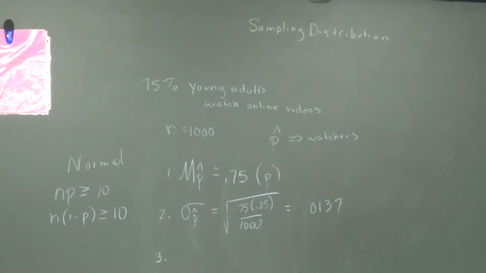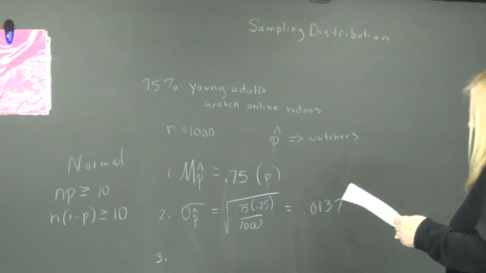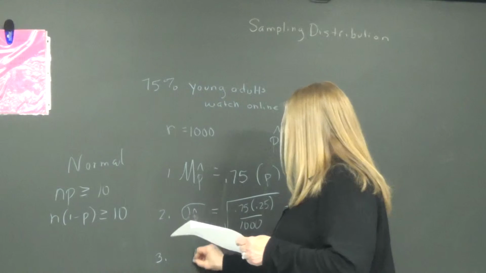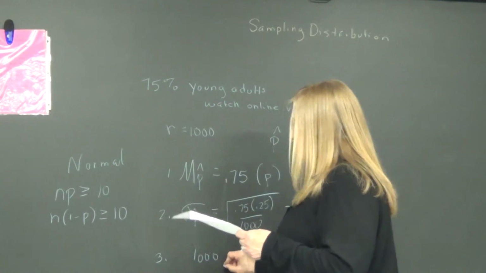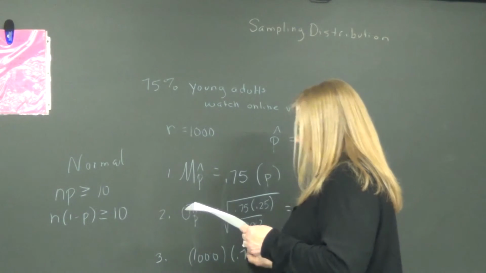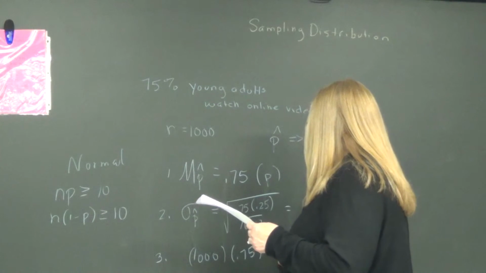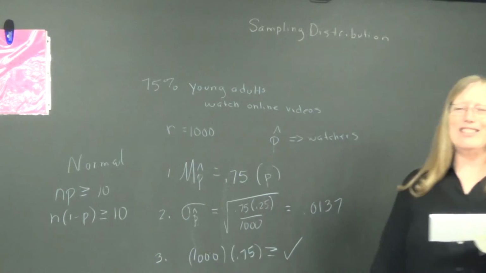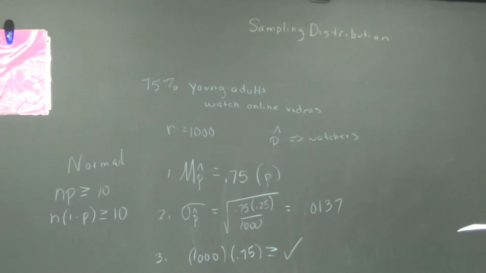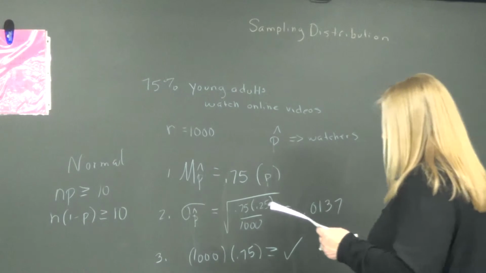Number 3, can we use the normal distribution for this? Is np greater than or equal to 10? n is 1,000 and p is 0.75. I don't even have to do the calculation to see it's about 7,500.